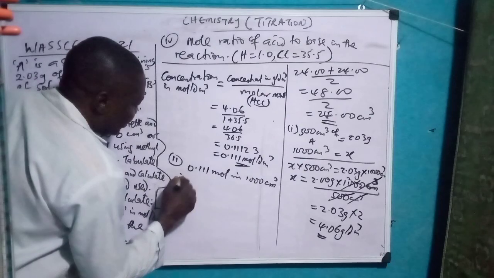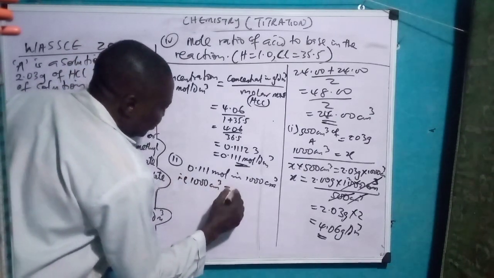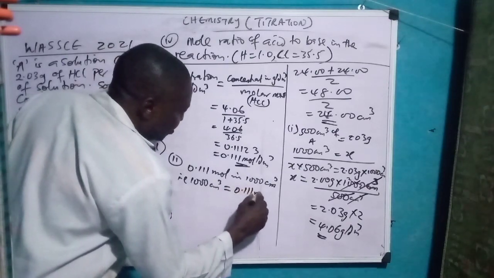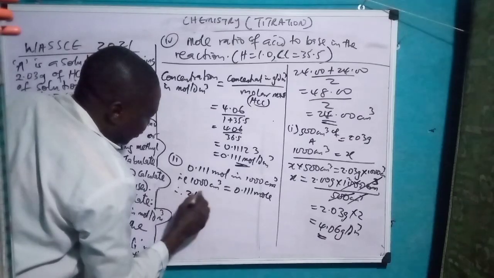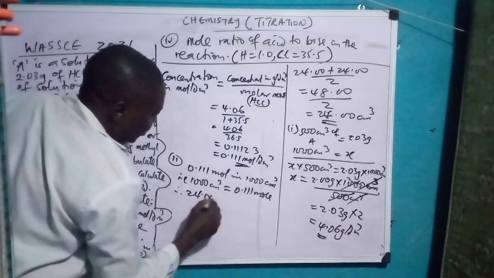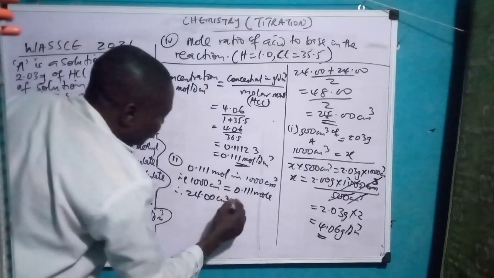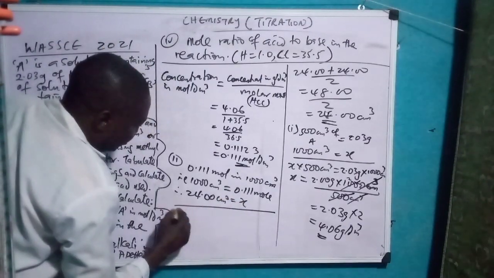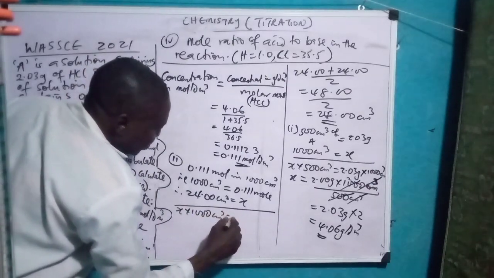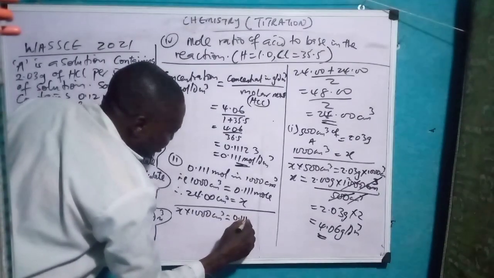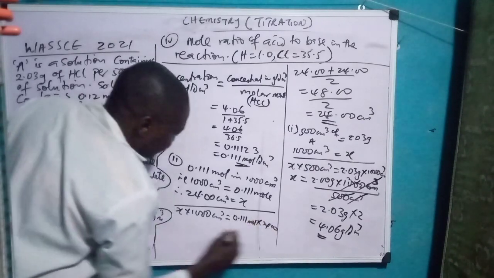Therefore, 1000 cm3 contains 0.111 mole. Therefore, 24.0 cm3 equals x. Now it becomes x times 1000 cm3 equals 0.111 mole times 24.00 cm3.